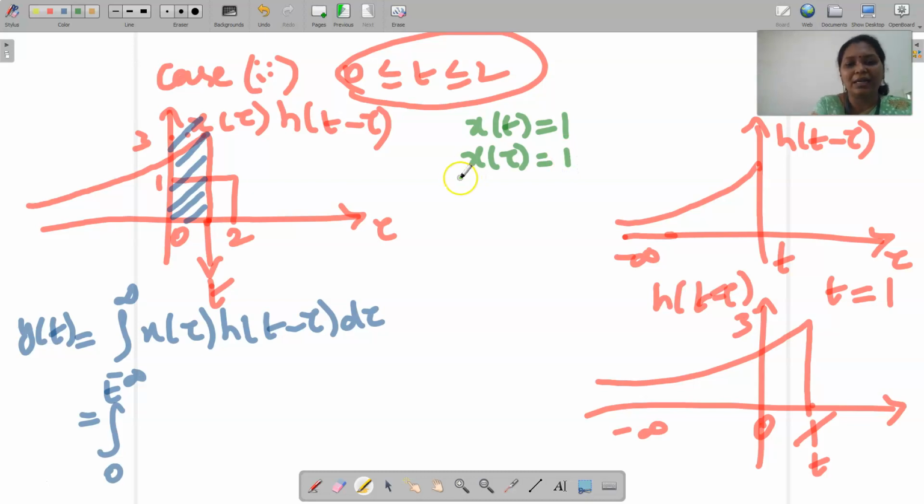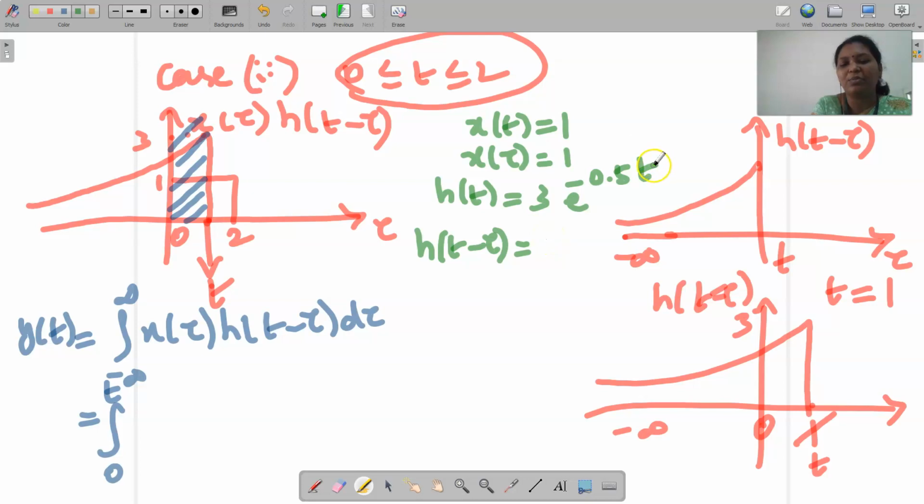And then h of t is 3 into e power minus 0.5 t. Now I need to determine what is h of t minus tau. T minus tau means wherever I have t, I have to replace it by t minus tau. So it will become 3 into e power minus 0.5 into t minus tau. So in this formula I have x of tau into h of t minus tau.